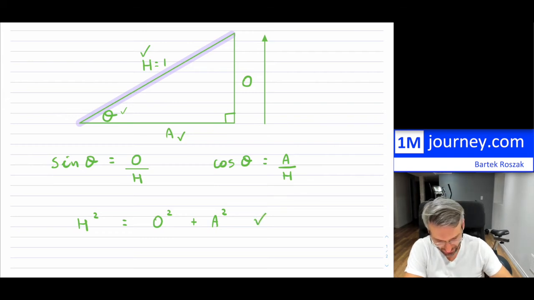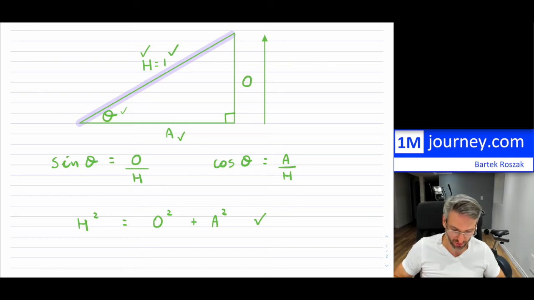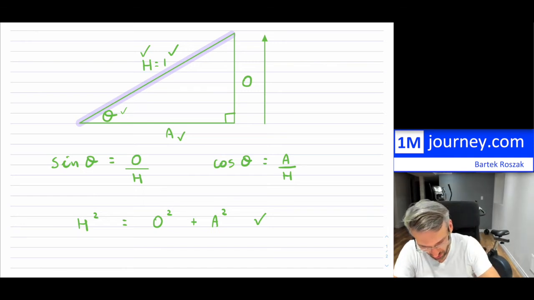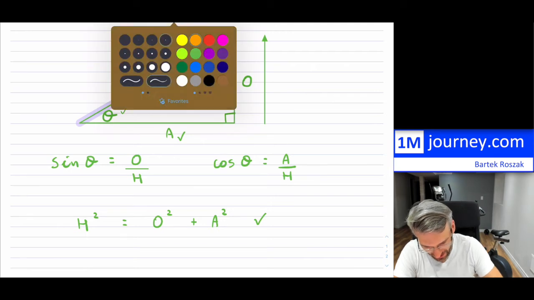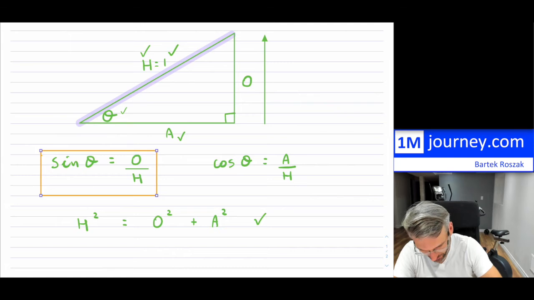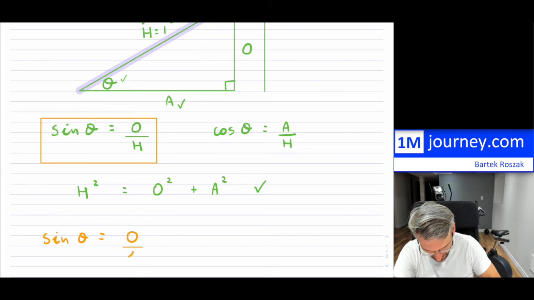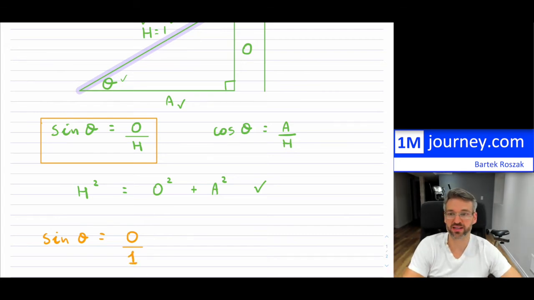Now, if I set the hypotenuse equal to 1, notice what happens. Sine theta is equal to your opposite divided by 1, because that's what we're setting the hypotenuse to.